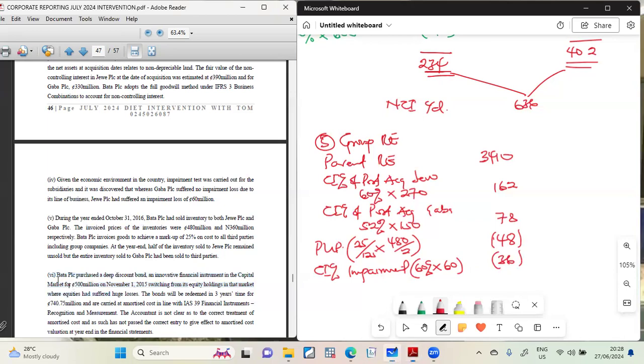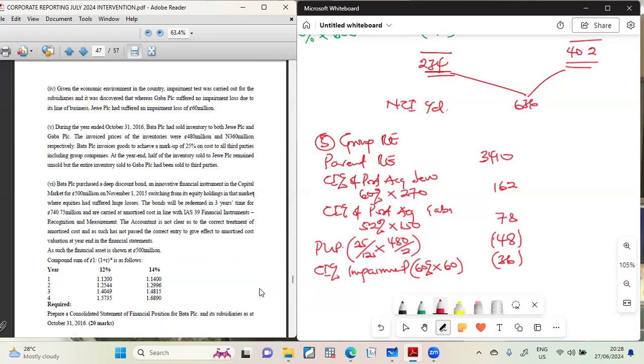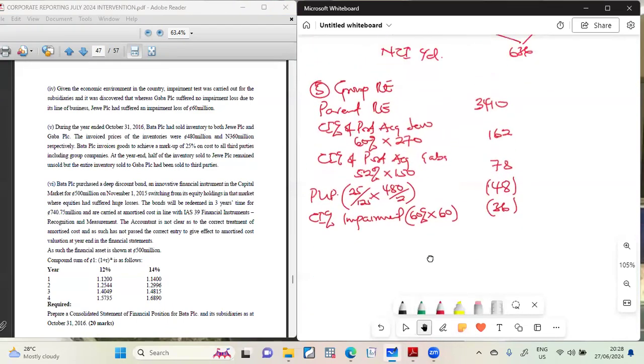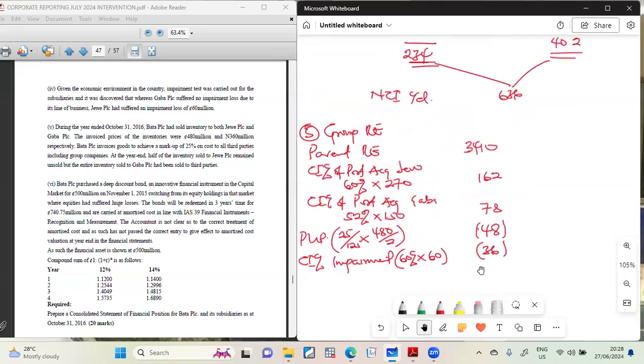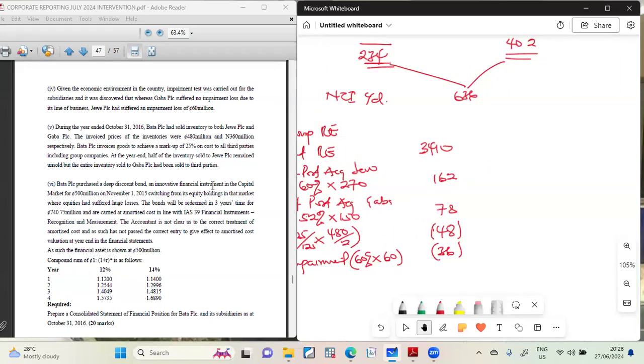So we are left with this one concerning the parent. Let's deal with this one, because the effect should be in group workings 5. We are told that they issued a deep discount bond of 500 on November 2015. That is the beginning of our reporting year, just 1 year.